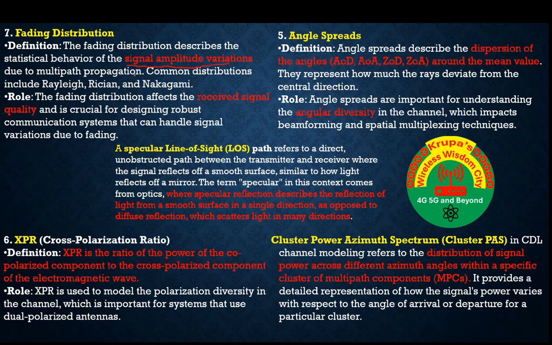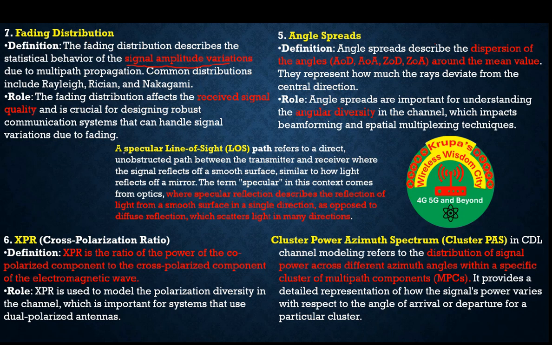That is defined using Rayleigh, Rician, and Nakagami. In our case, we'll see that CDL-C uses Laplacians. So the distribution profile for the amplitude variations that can be defined for the CDL channels uses Laplacians for the LOS dominant channels. We'll cover that.